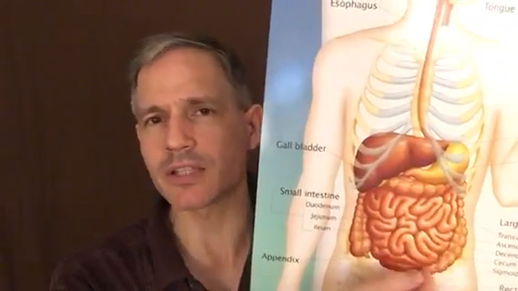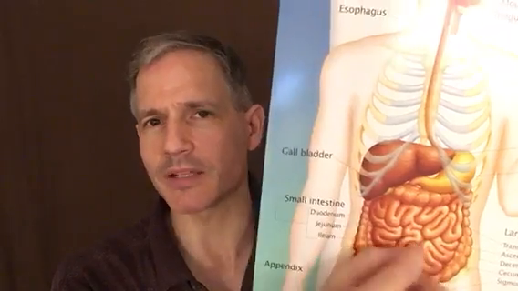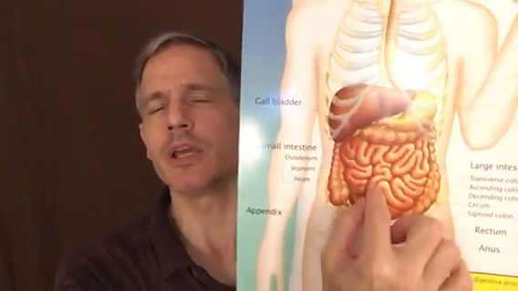We're not done because there's the sigmoid colon, right? It's an S-shaped thing that goes back down deep again to the rectum, and then the rectum and anus. So when I say the elimination system or the elimination part of this tube, we're really talking about all those structures.